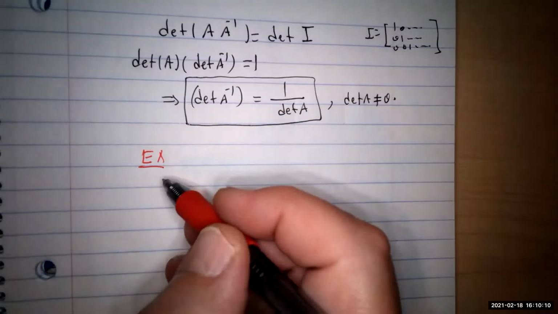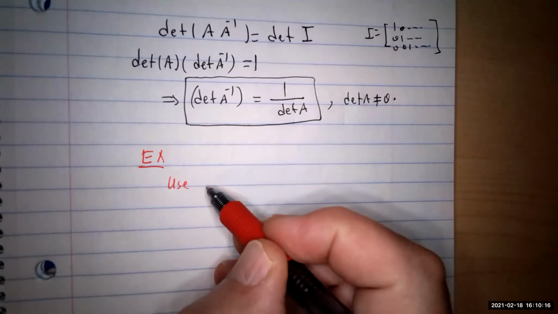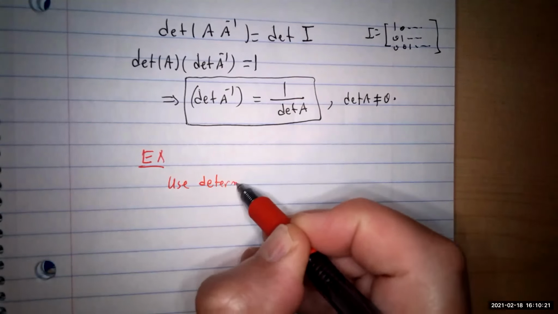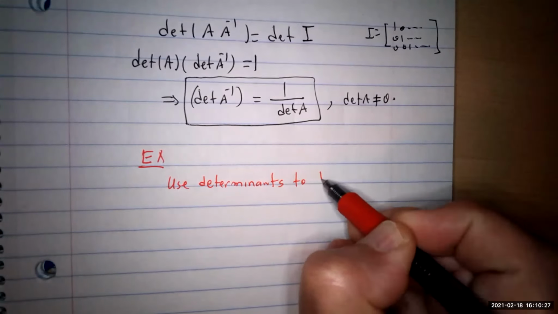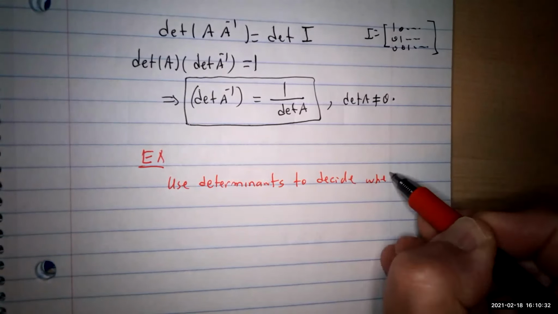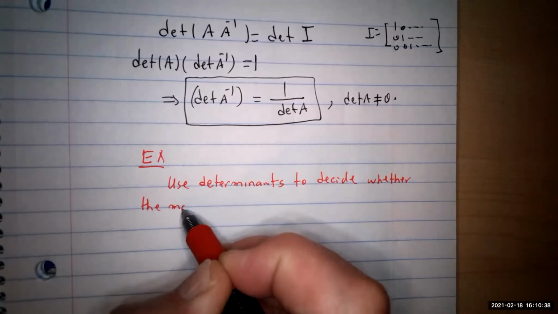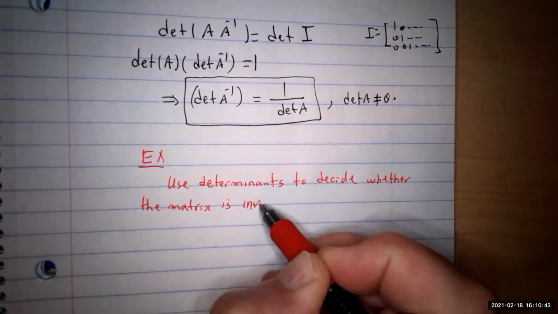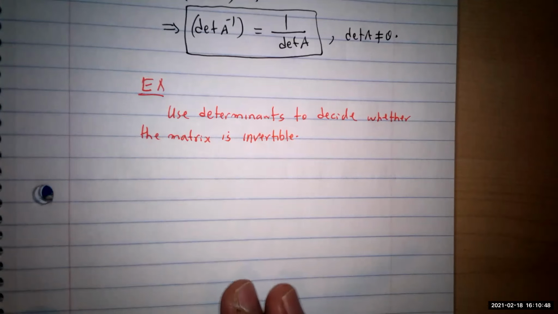You do it yourself, of course, but they may give you this hint: use determinants to decide whether the matrix is invertible. This is one way to do it, the quickest way to do it. You always check this one because that's easy.